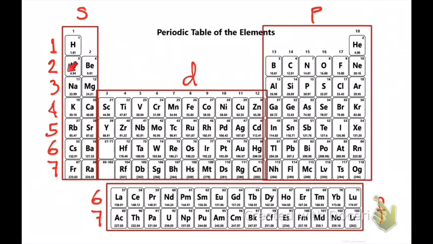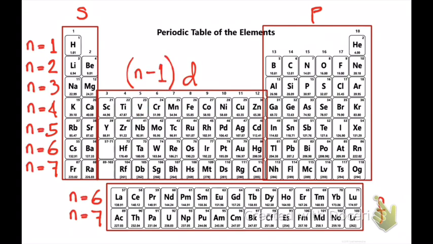For sodium, 1s2, 2s2, 2p6, 3s1. And then for magnesium, it would be 3s2. And then 3p1, 3p2, 3p3, 3p4, 5, and 6. And then 4s1, 4s2. And then once you get to the d block, you have to subtract 1 from the row number, and that's why we have n minus 1 for the d block.